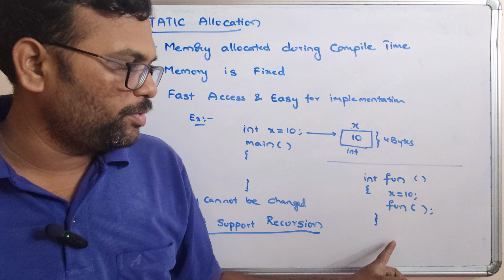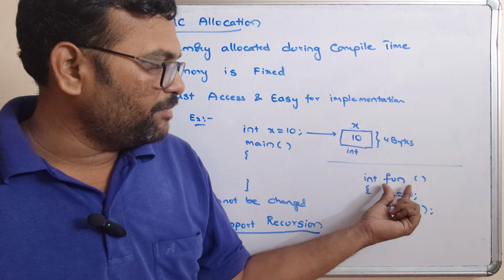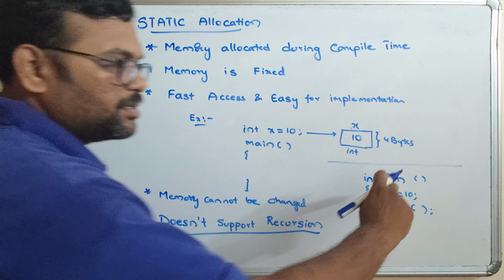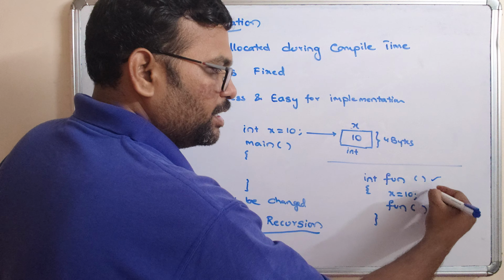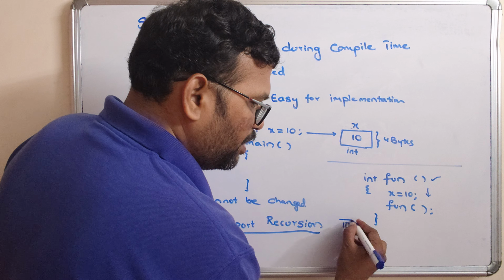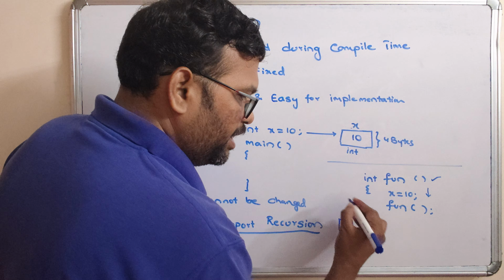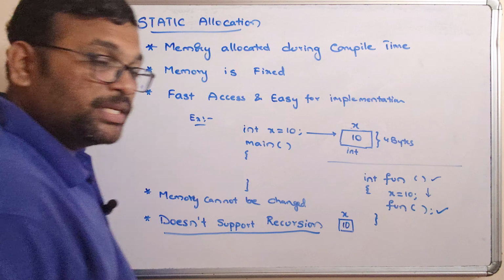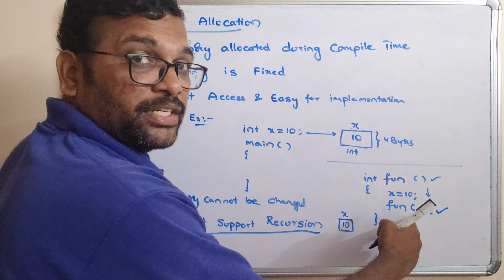I hope everyone understands, because in the function we are calling the same function, right? Once the function is called, immediately the control enters into the function, and it will create a variable x with a value 10. And once again there is a function call.